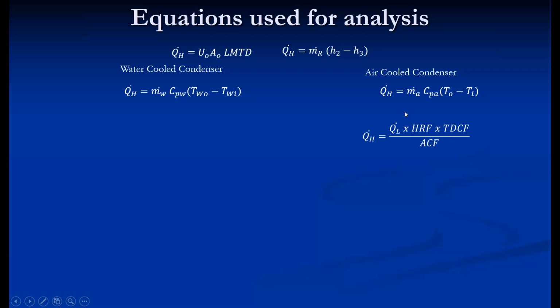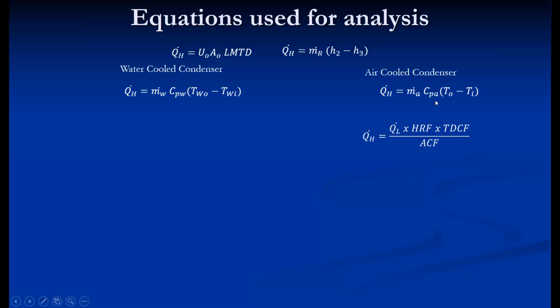Heat rejection factor again depends on the type of compressor to be used. Generally, the heat rejection factor for hermetically sealed compressor is high, and heat rejection factor for open type compressor is comparatively low. So for a typical open type compressor, the heat rejection factor is 1.05 to 1.1 or 1.2 maximum.